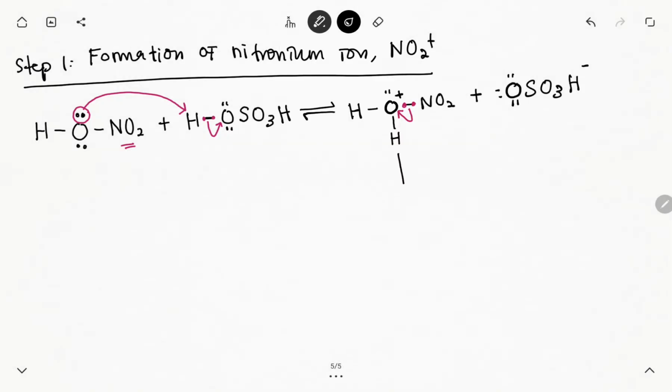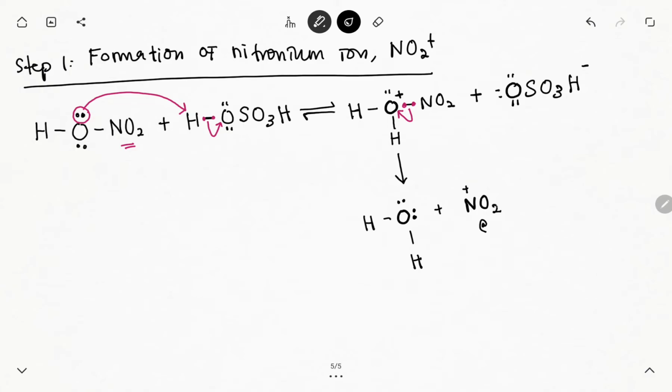The new products formed from this ion are HO, which is the formation of a water molecule, plus NO2, where the nitrogen becomes positively charged.